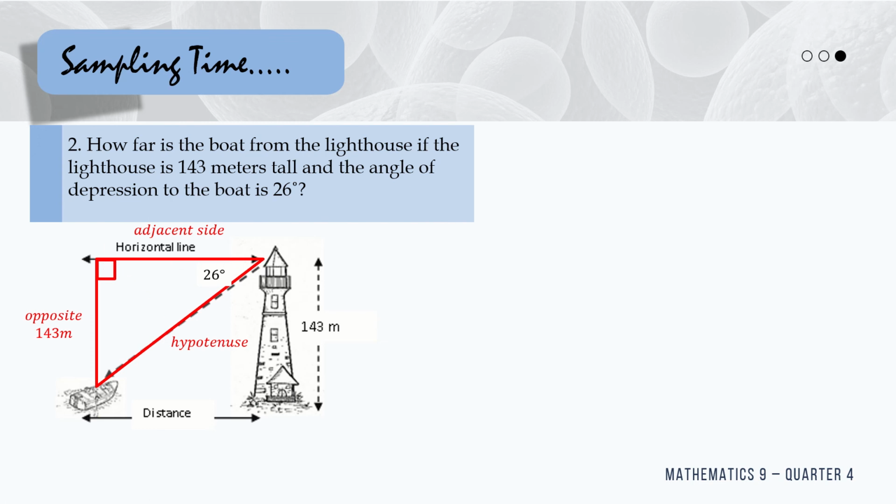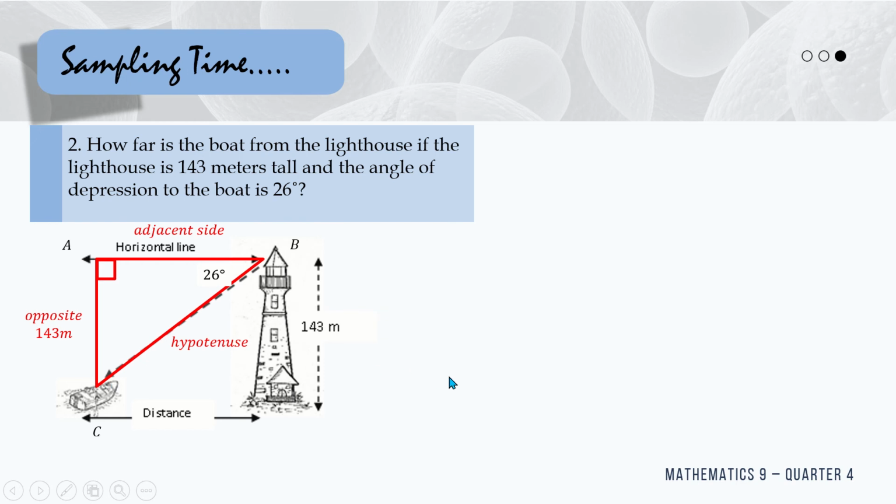And the diagonal distance from the tip of the lighthouse to the boat is the hypotenuse side, which is not given, so we do not use it. What is important is to identify the right triangle and the reference angle, and whether the opposite side or the adjacent side is given. In this case, the hypotenuse side is not needed.